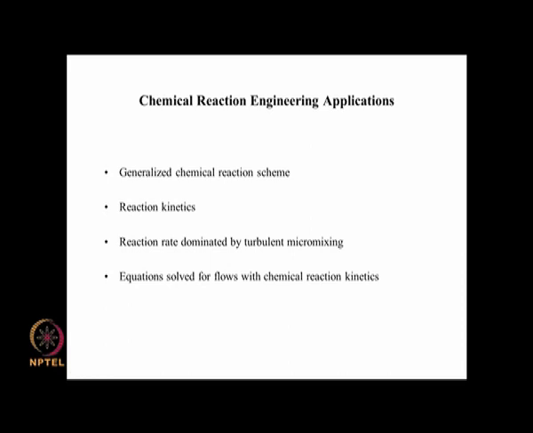Okay, so when we consider chemical reaction applications, we need the following additional things: a generalized chemical reaction scheme, the reaction kinetics, and the reaction rate, which may be determined in some cases by turbulent micromixing and in other cases by laminar diffusion of species. We will then look at the overall set of equations to be solved for flows with chemical reaction included.